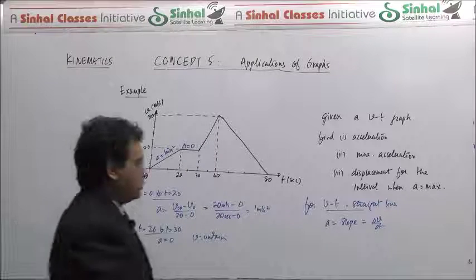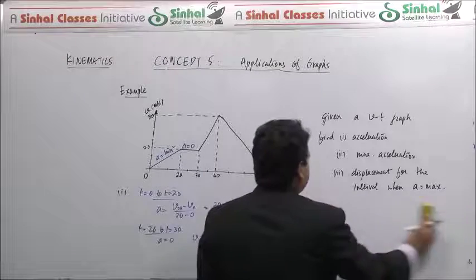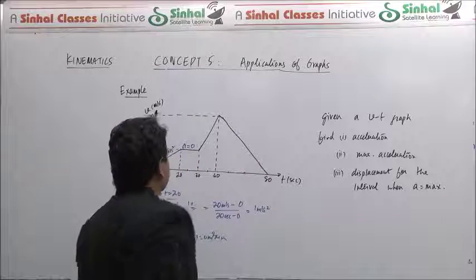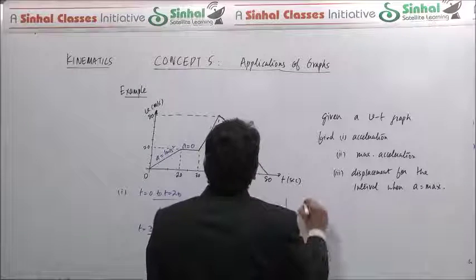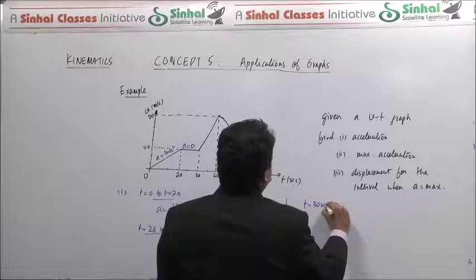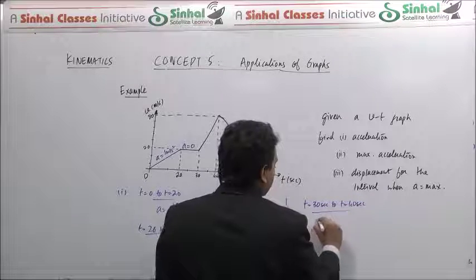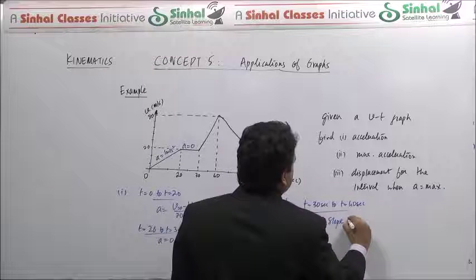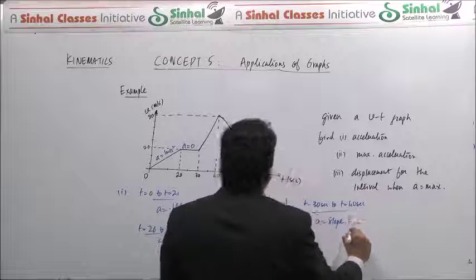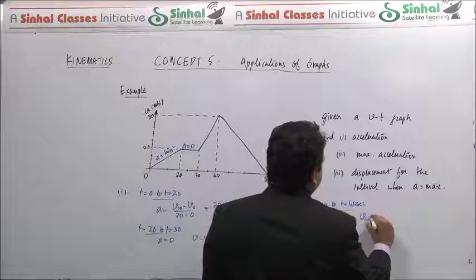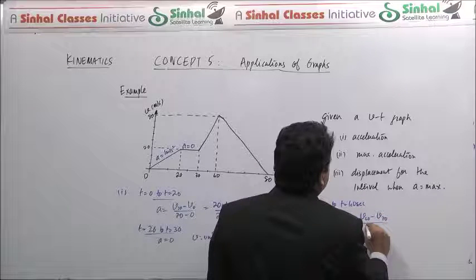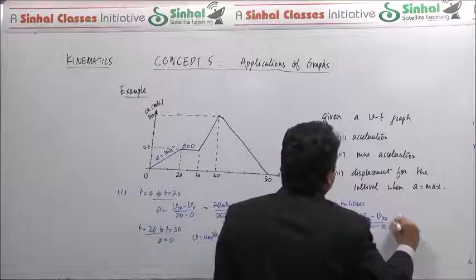Right. Then if you look at the third interval of time which is shown to us here, t equal to 30 seconds to t equal to 40 seconds. It's a straight line again. So acceleration is slope of the straight line. So it is velocity at 40 minus velocity at 30 upon 40 minus 30.